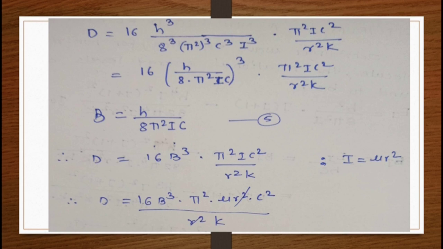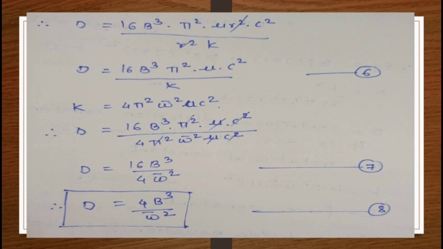So see here, r square and r square both terms get cancelled, and the remaining equation will be 16 B cube into pi square into mu into c square divided by k. So this is our equation number 6.